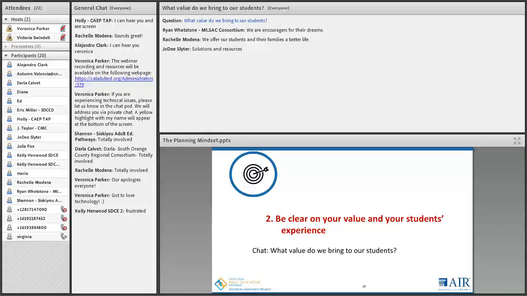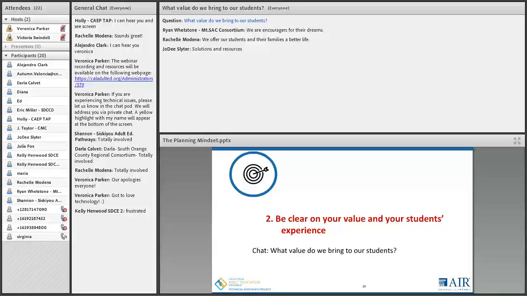So if that's what the customers really value, how could they adjust their plans and their strategies and their service design to actually focus on what the customers really need?